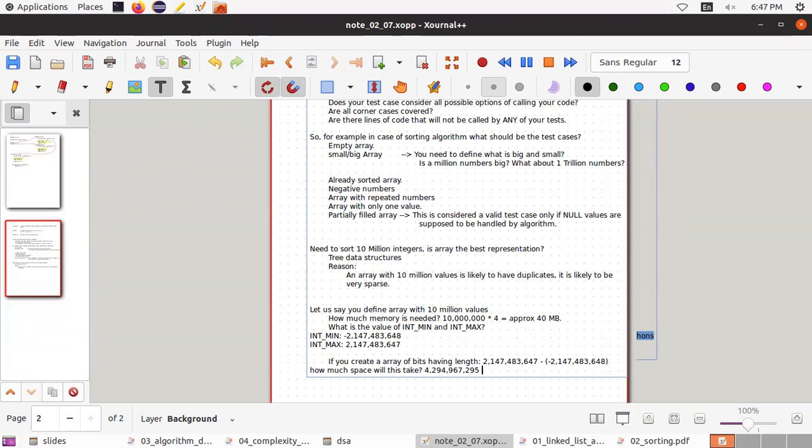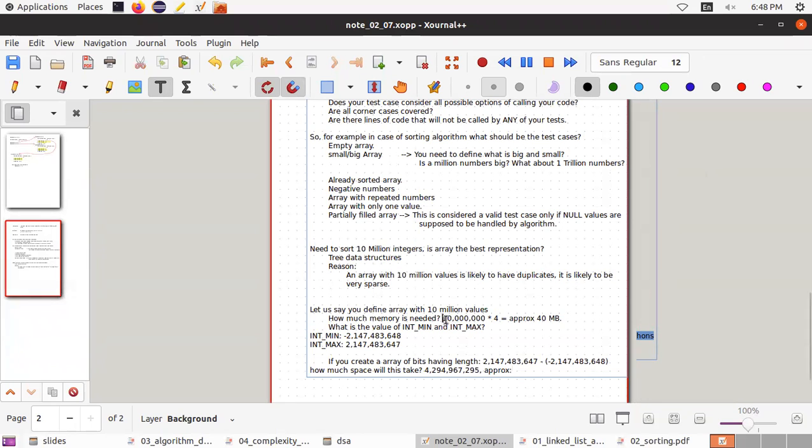There is no need to have the +1. How many bytes is this? This is about 4 GB. Is this clear? This is approximately 4 GB.